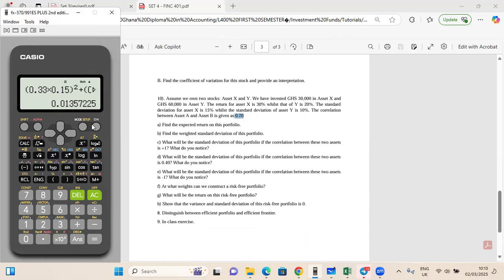Get a new set of this. Now you put it to solve it.